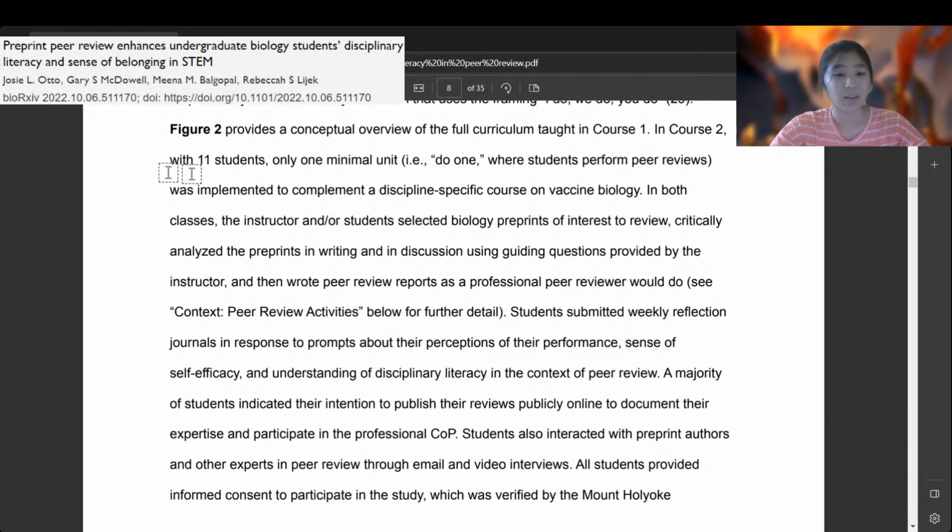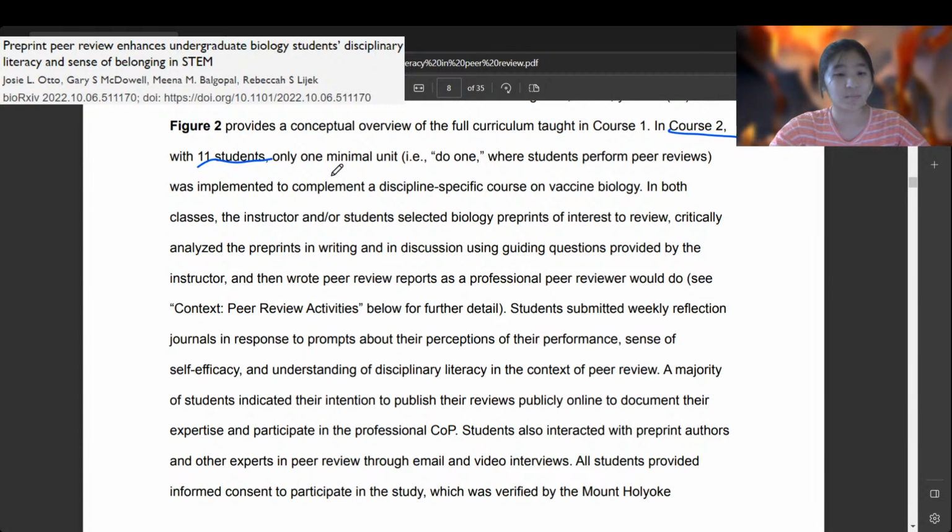Okay, so Course 2 had 11 students with only one minimal unit. So I guess there was only one do one unit was implemented to complement a discipline-specific course on vaccine biology.